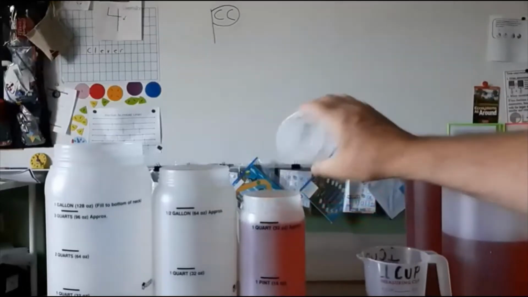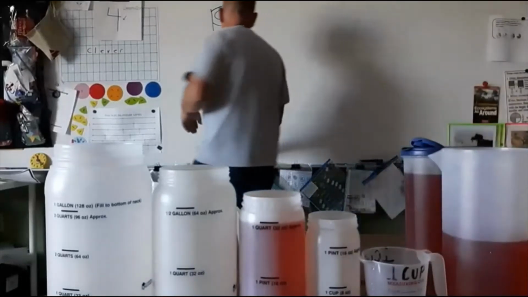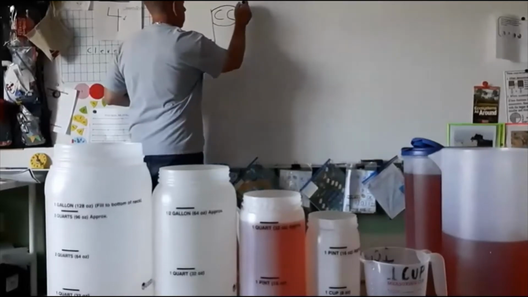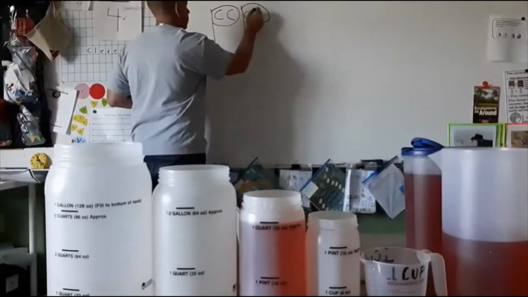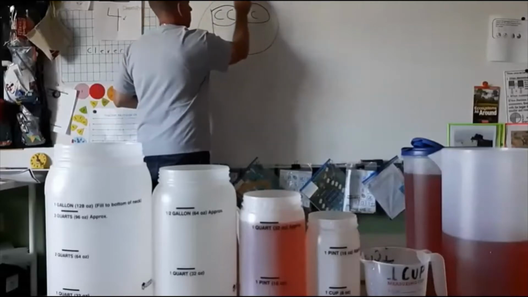And you can see there are 2 pints in a quart. So I'm going to go up here to the board again and draw another pint. And each pint has 2 cups in it. And there's 2 pints in a quart.